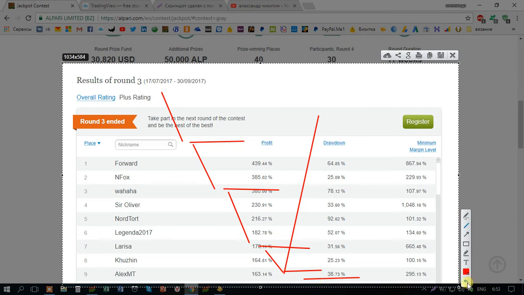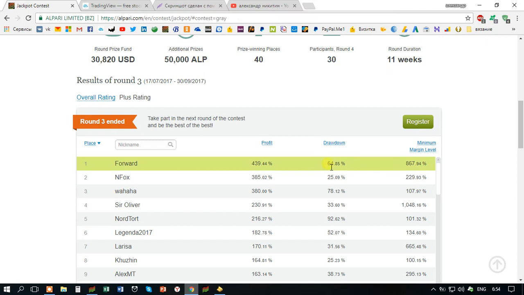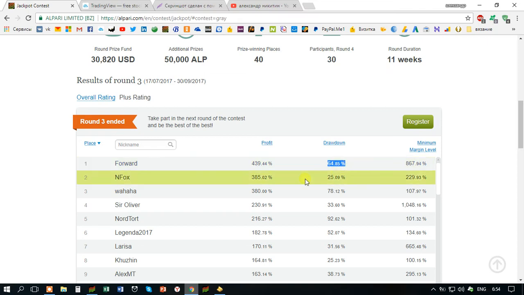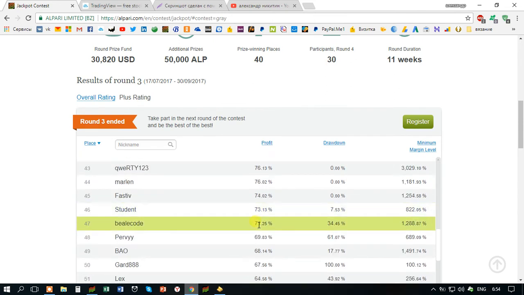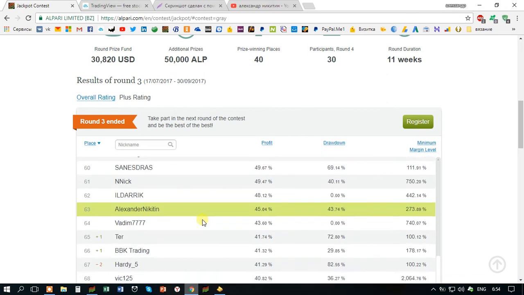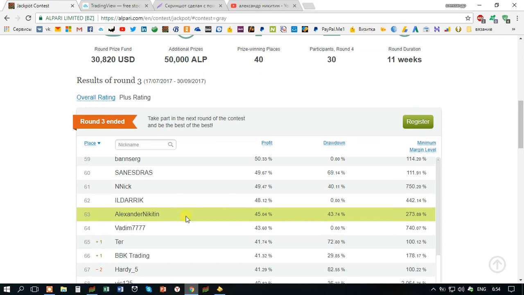So if you use this strategy of more and more buying, you won't be on this list, because the drawdown is calculated on your equity. My equity drawdown was 43%, and my balance drawdown was 40 or 41 percent.